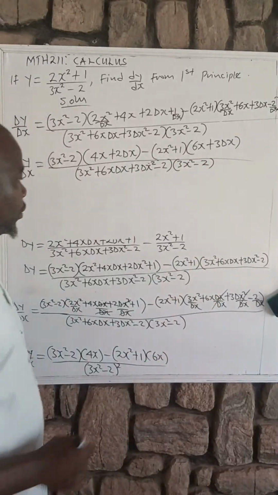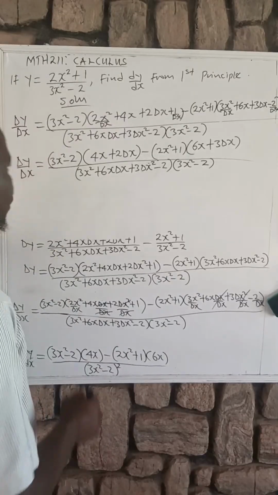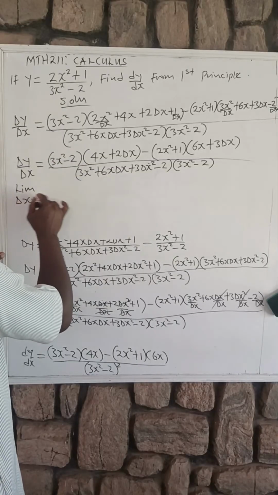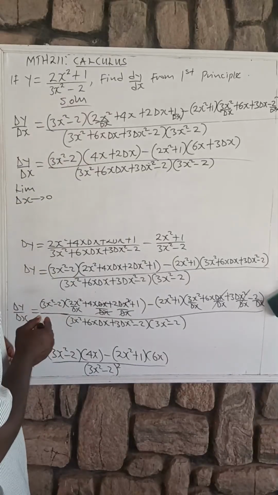So at this point, what are we going to do? We introduce limit, right? As limit, dx tends to 0. Is that clear?